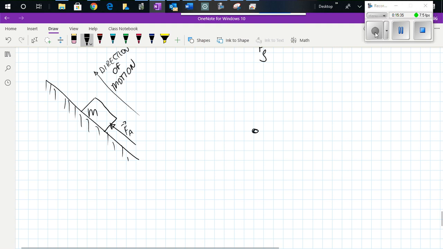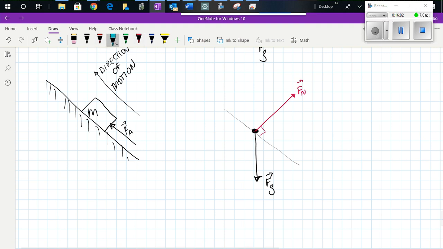We have the object of our interest that is represented by a dot. We have force of gravity that is always going down to the surface of the earth. The surface that is represented is something like this. And then we have force normal that is perpendicular to the surface, 90 degrees to the surface.